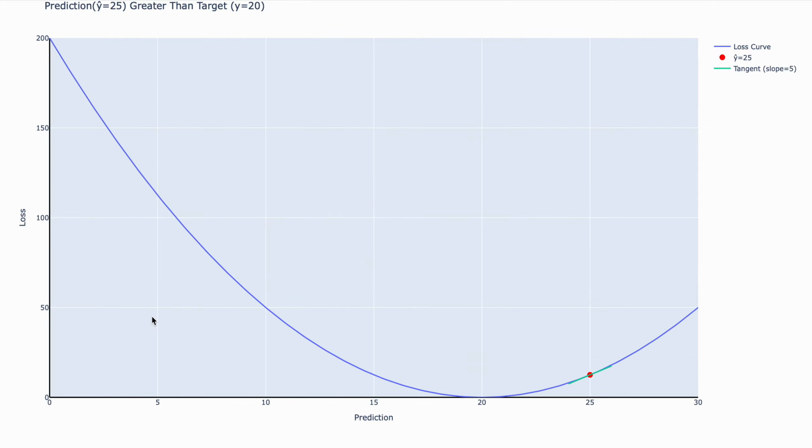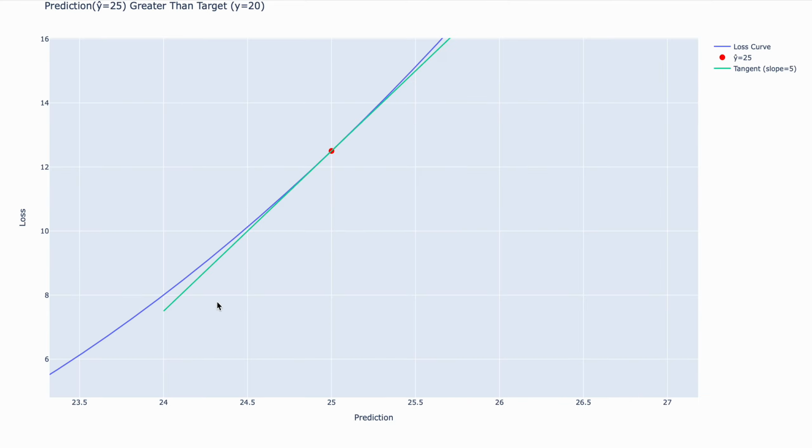Okay, now what does that mean? Well, that means the gradient again works, because we decreased our prediction by 1. We've decreased it from y hat equals 25 to y hat equals 24 over here. And if we could reach that, we'd see that the value is equal to 7.5.